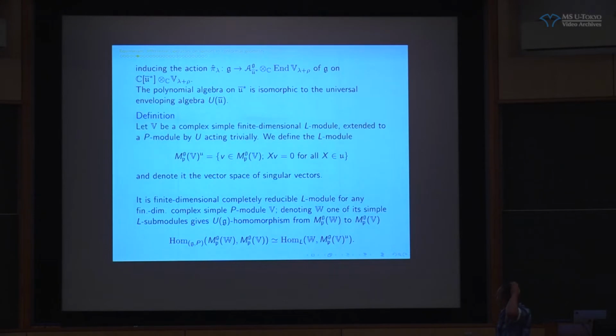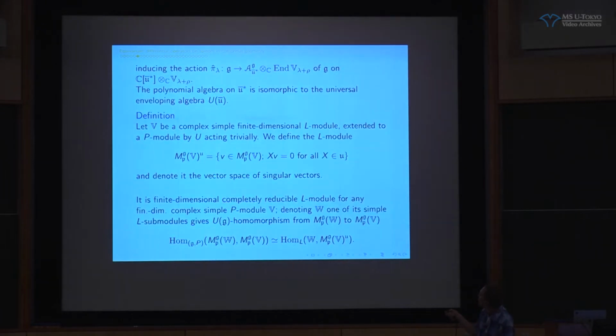So in some cases, typically in the third example, which I'll give you at the end of the talk, we will need to employ the symmetric algebra isomorphism, a vector space isomorphism between the symmetric algebra over U bar of the opposite nilradical and the universal enveloping algebra of the opposite nilradical.